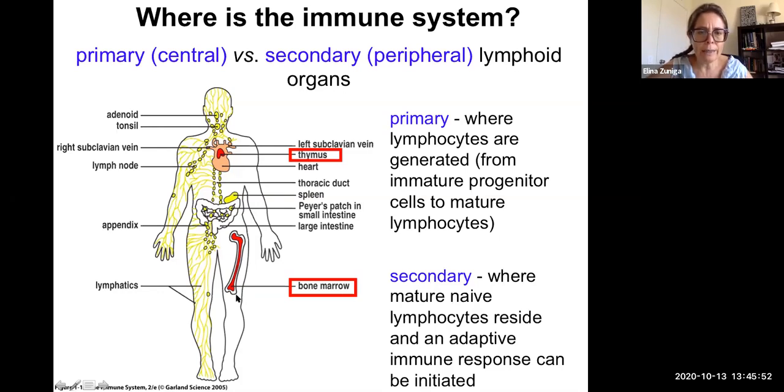And so the secondary lymphoid organs include the spleen, the lymph nodes that are connected by the lymphatics where the lymph circulates, and Peyer's patches in the small intestine and the large intestine. And we will see more details on that in the next few slides.